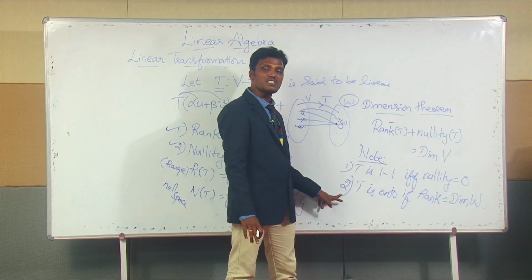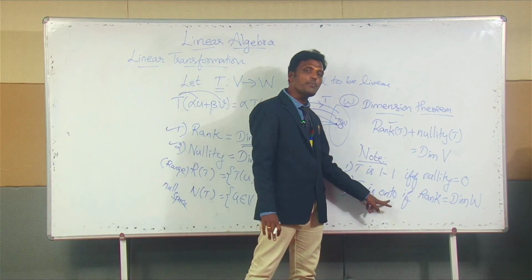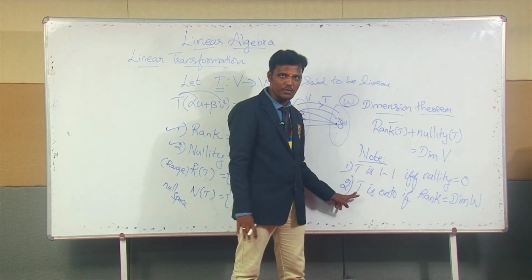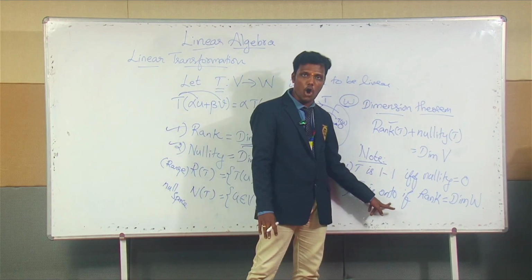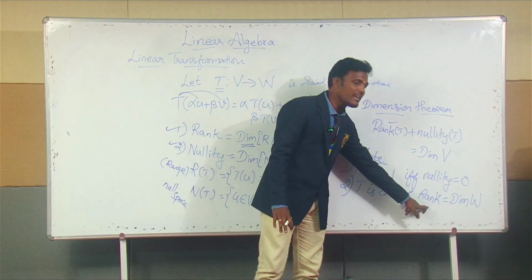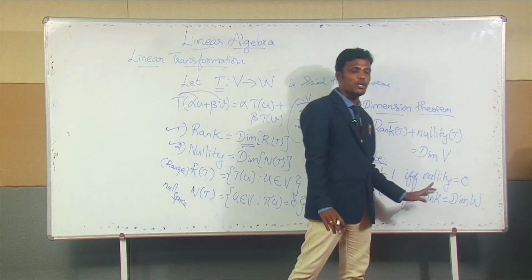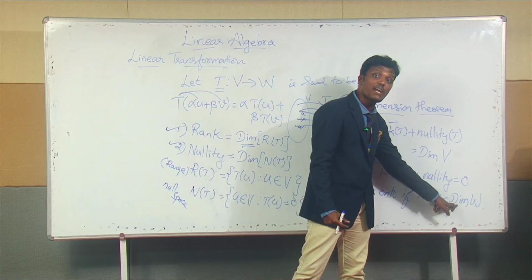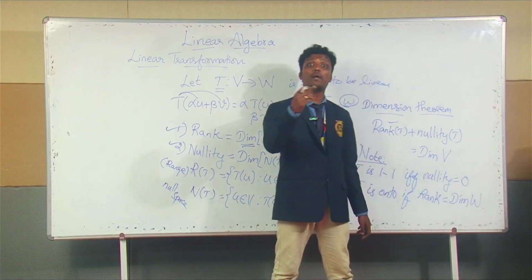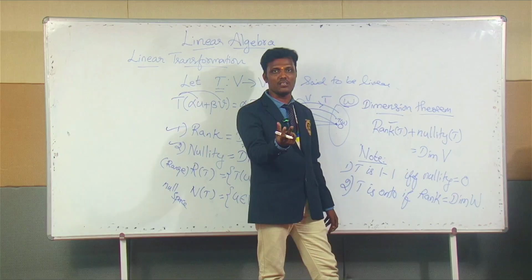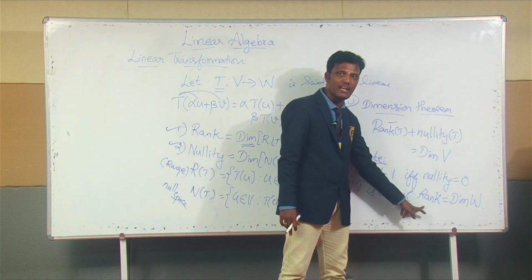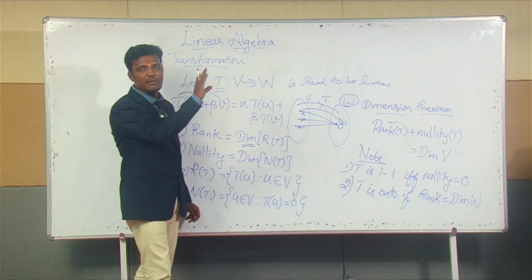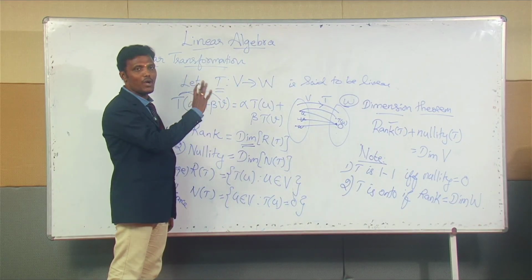And the second note is, T is said to be onto, already T is a linear transformation, if rank equals dimension W. See, if the rank value and the dimension of the codomain vector space W are equal, then you can say T is onto. So this is the basic terminology and important note you have to know.